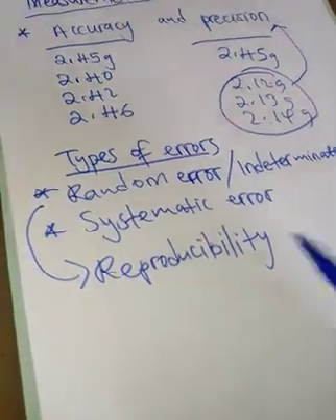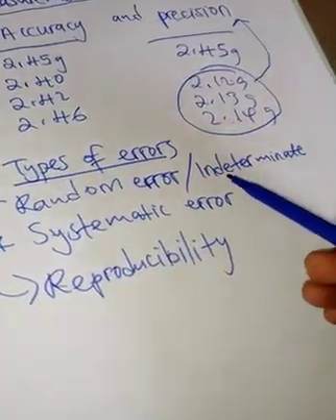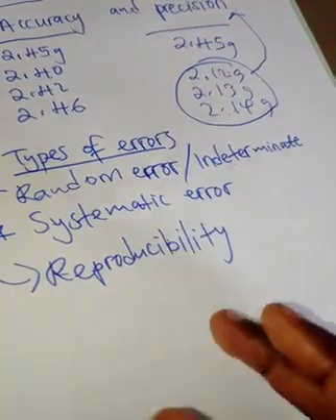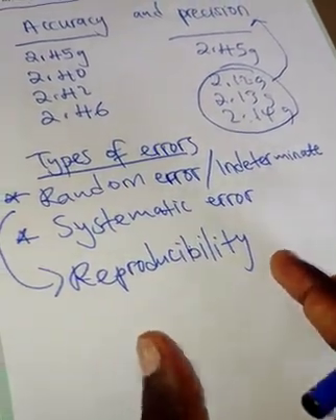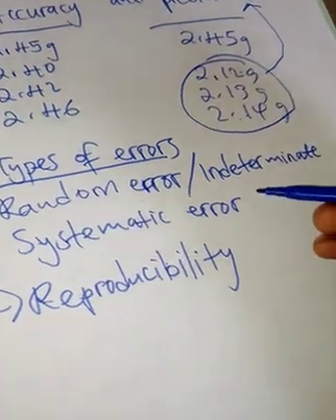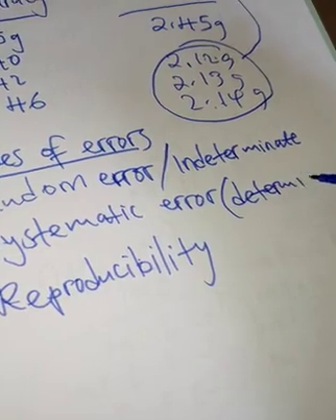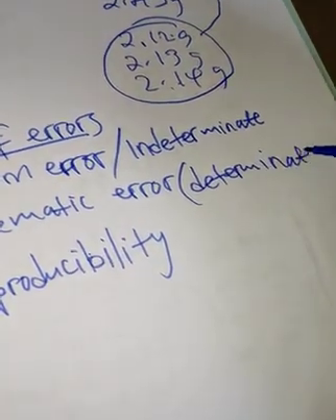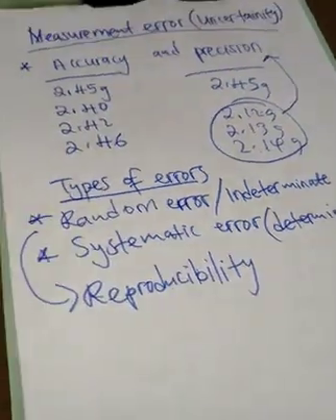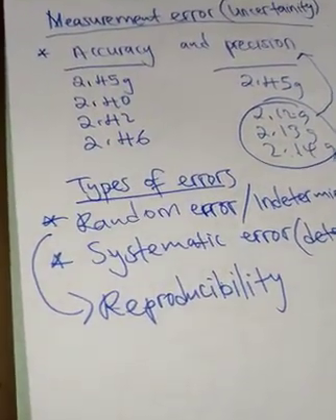Okay, so the same random error is also called what? Indeterminate error or reproducibility error. Then systematic error is also called determinate error. Okay, then let's differentiate these two.